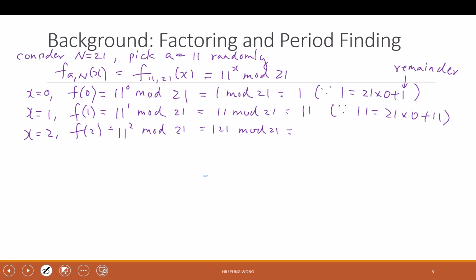I need my cheat sheet. Yes, it is 16, because 121 equals 5 times 21 plus 16. The remainder is 16. Let's pause here. Is it okay so far? Again, f of 2 means this, and something mod 21 means find the remainder when you divide this by 21.